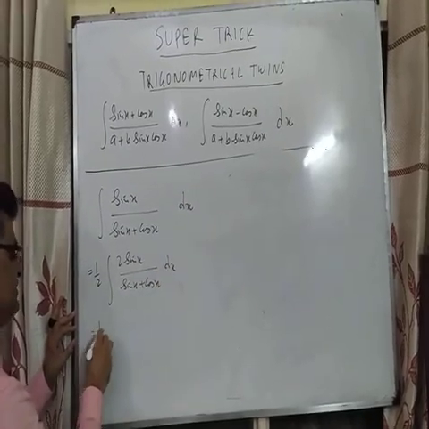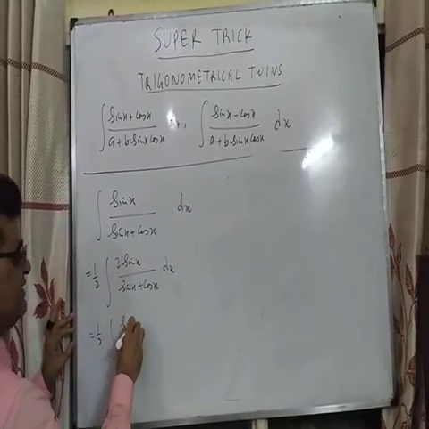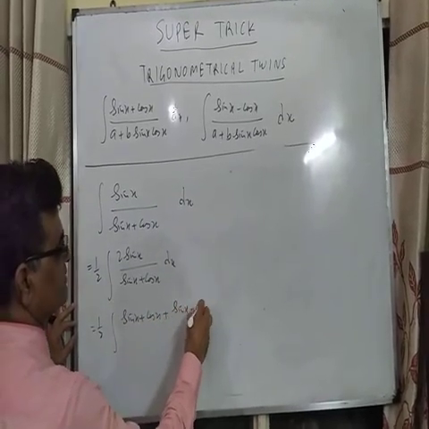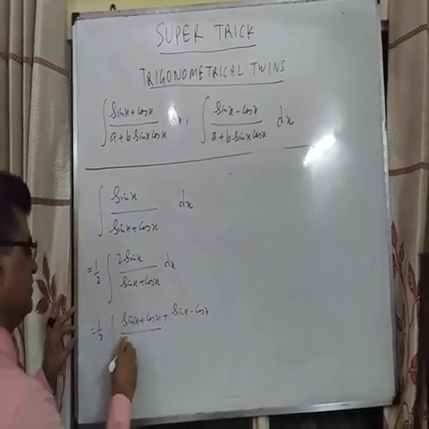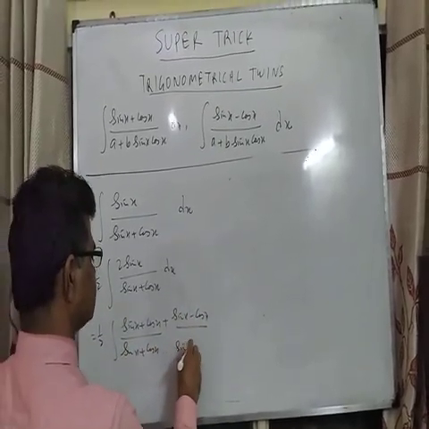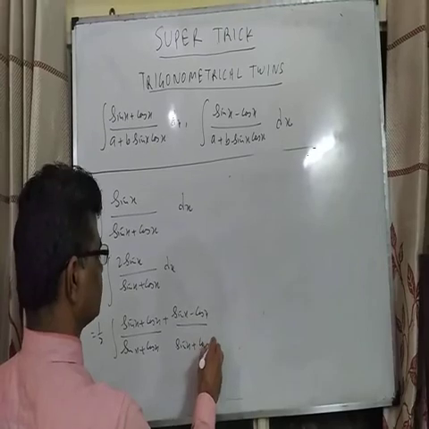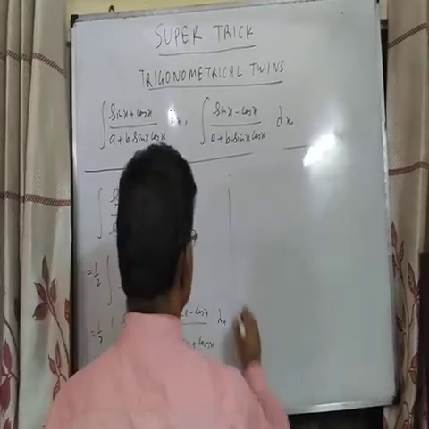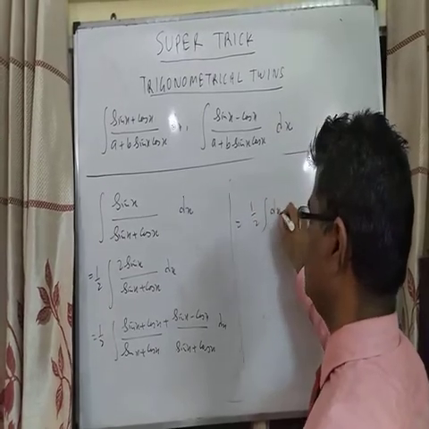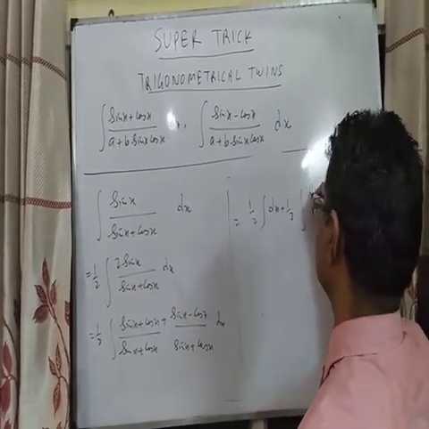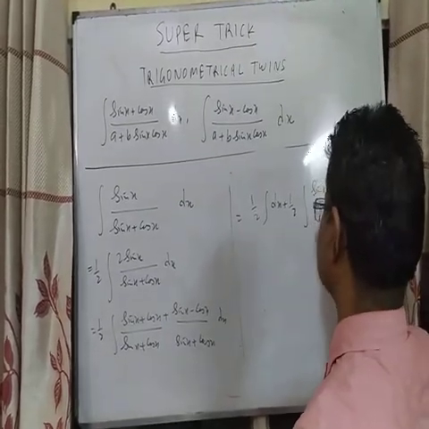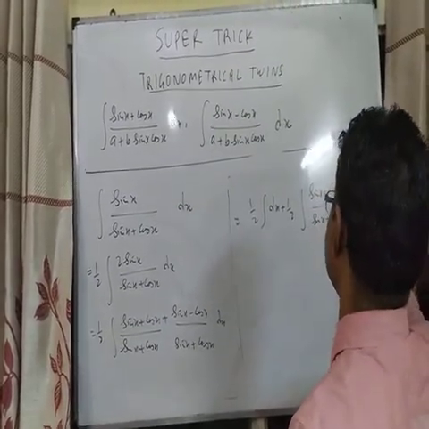So now you can see that this can be written as the twins, sin x plus cos x plus sin x minus cos x, divided by sin x plus cos x dx. So you can see that this is 1 by 2 dx plus 1 by 2 sin x minus cos x upon sin x plus cos x dx.